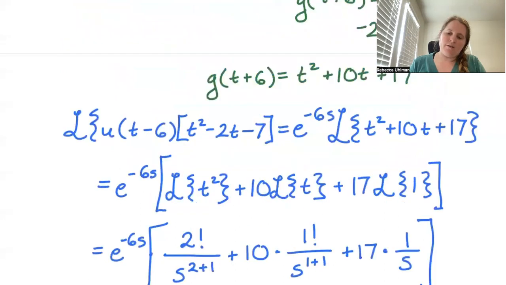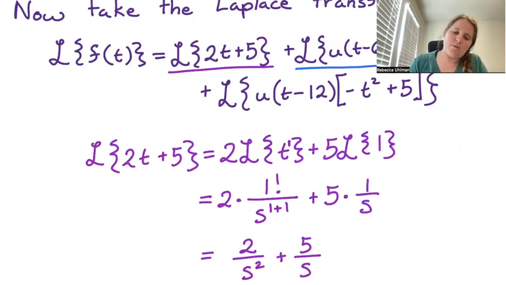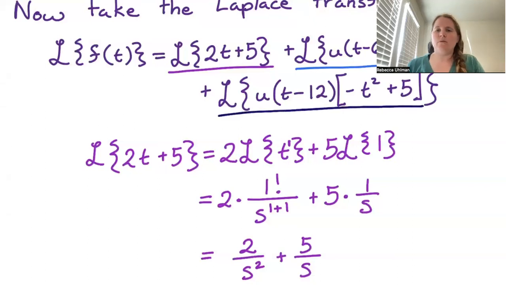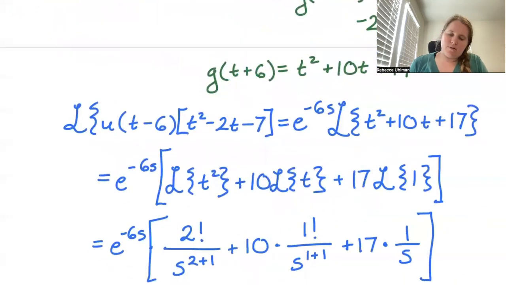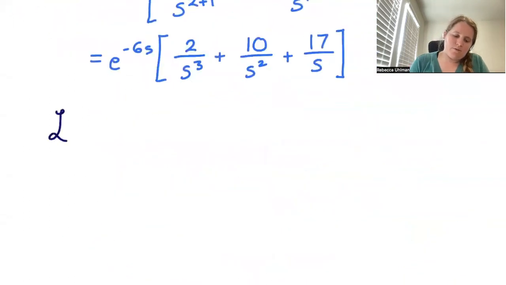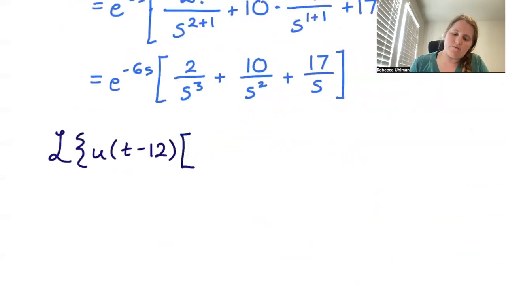Finally, let's take our last piece of that Laplace transform. We needed to do the Laplace transform of u of t minus 12 times negative t squared plus 5.